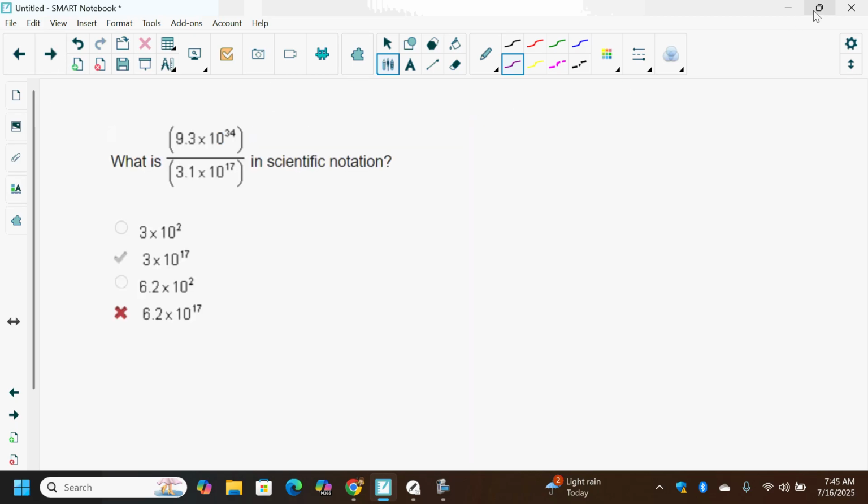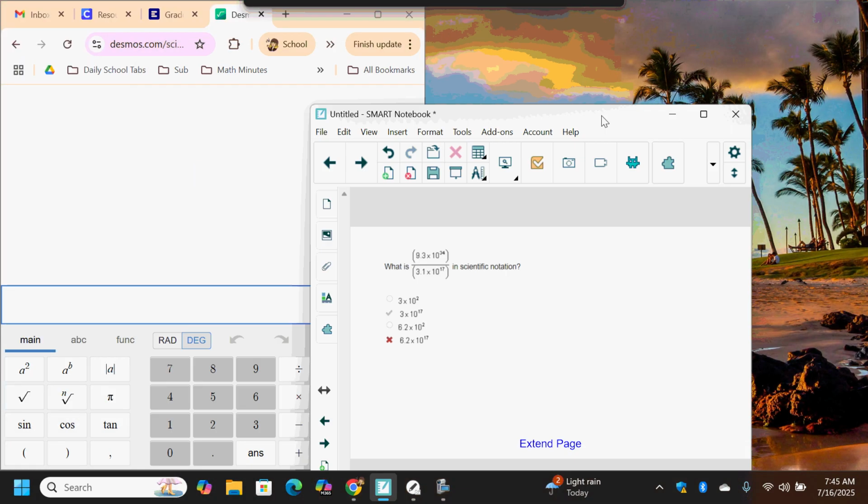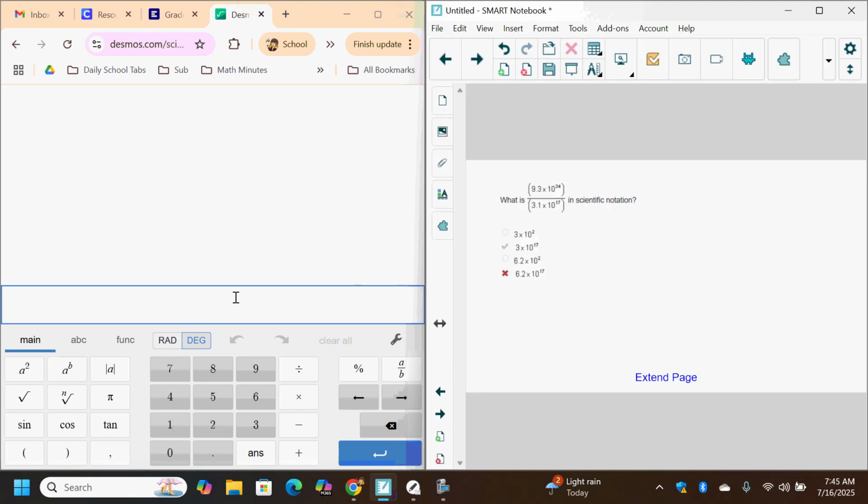Okay, and then for scientific notation ones, you're going to get a Desmos calculator on the final. It'll be the same calculator you used last year in the Desmos curriculum. But for these ones, the true rule is to divide the numbers and then use the exponents rule, but then you have to make sure that it goes back.